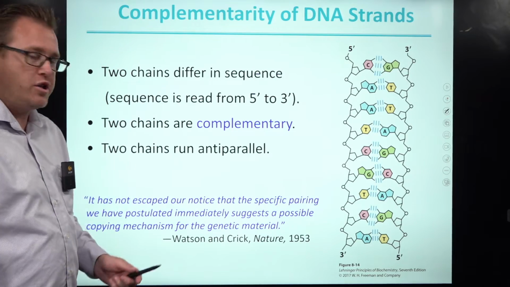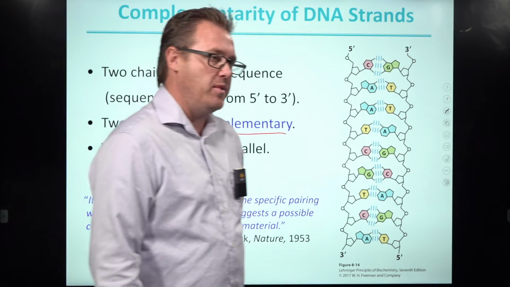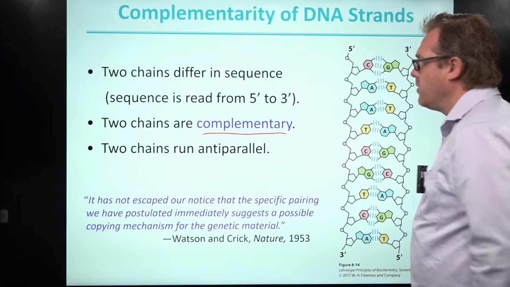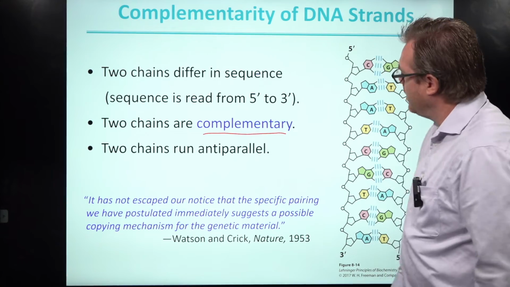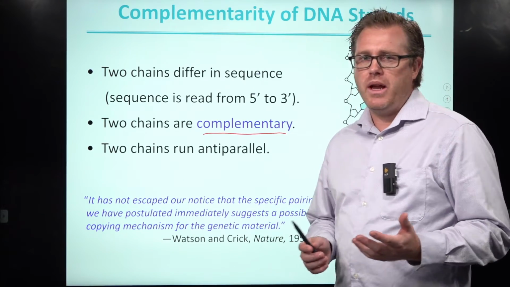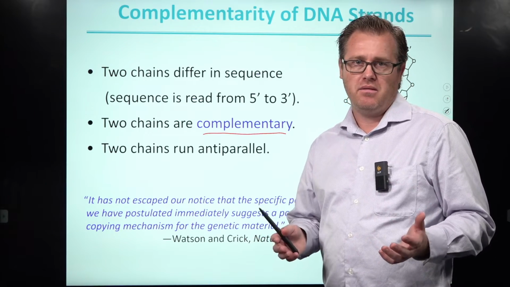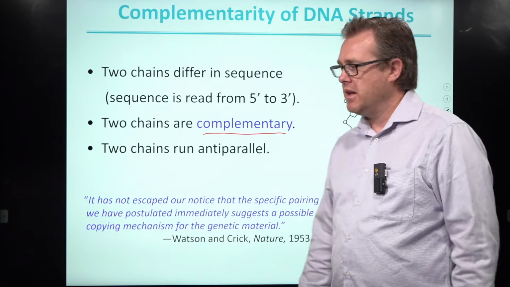Next, I want to address this word right here, complementary. What does that mean? What that simply means is that we know G pairs with C and T pairs with A. That's just how it works.